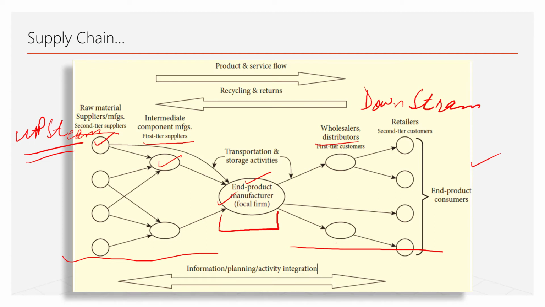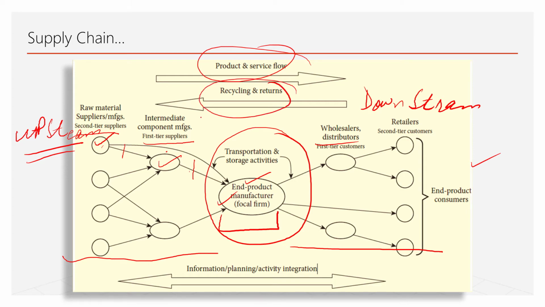So this is the downstream supply chain, this is the upstream supply chain, this is basically the manufacturing, and these arrows are basically indicating the storage activities or the transportation, moving from this place to this place. And then of course, between them we may have storage areas, right? So this is how we manage the supply chain, the product and service flow, as well as recycling and return if it is occurring.